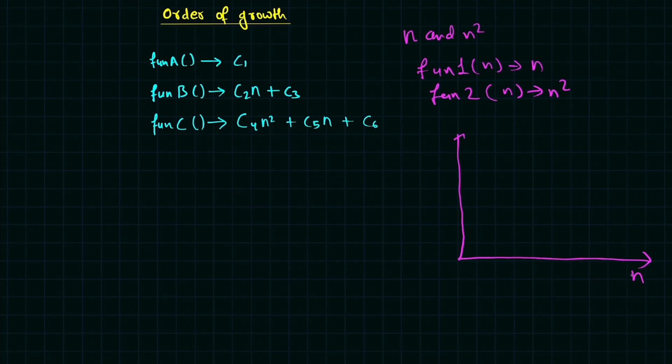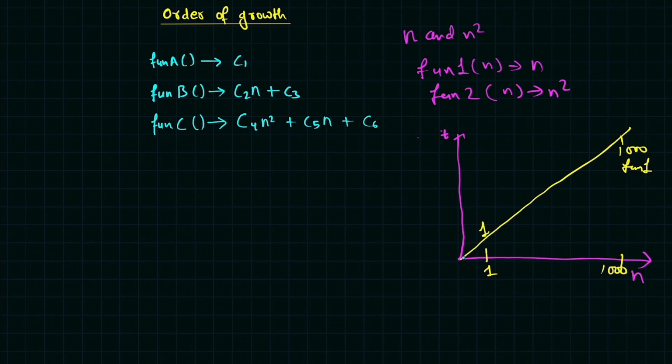So let this be n and this be the function value t. So this is function 1. When the value of n is 1, function 1 is 1. When the value of n is 1000, function 1 is 1000.